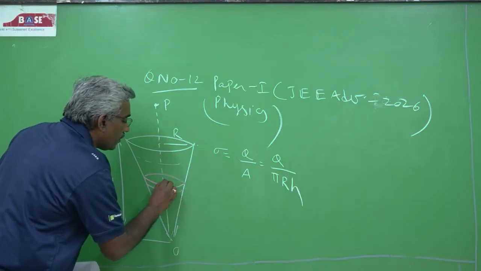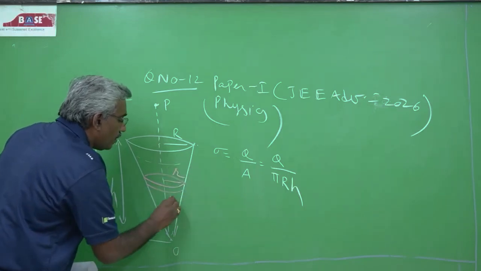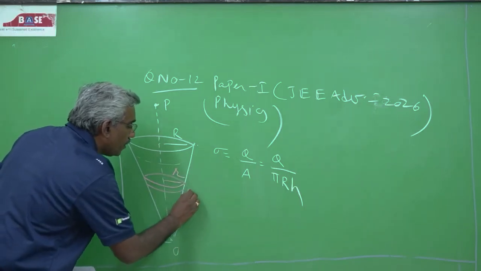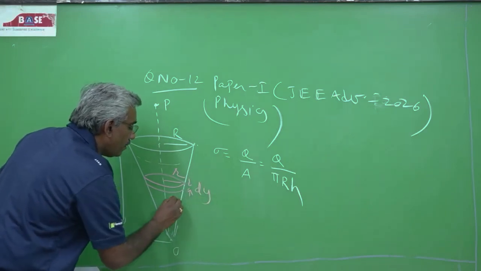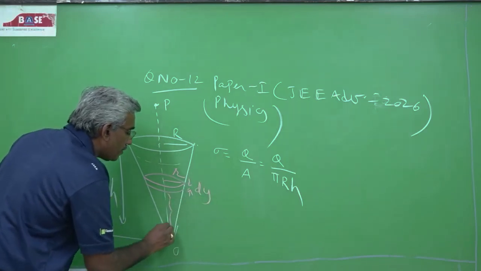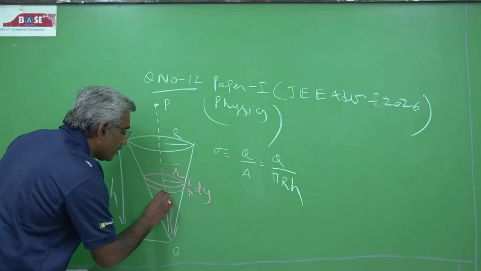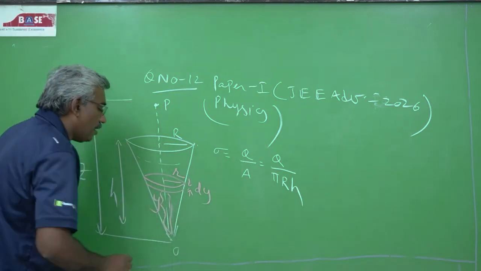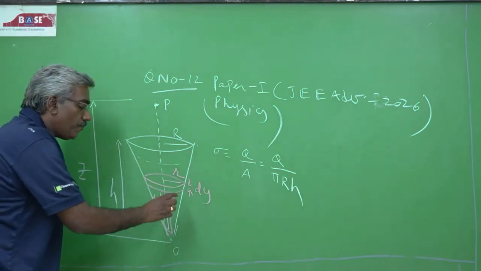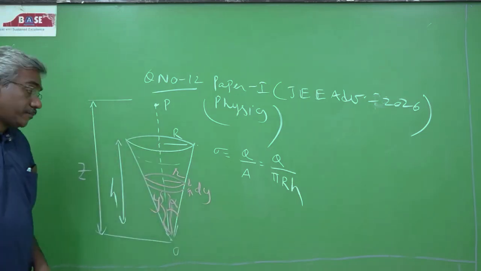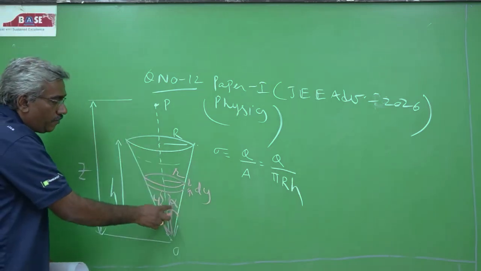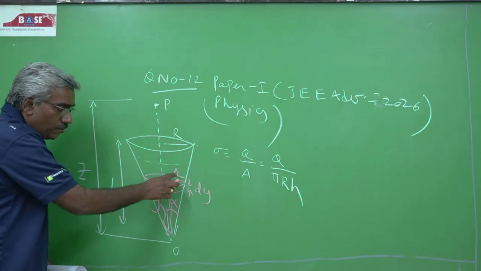Radius of this is small r. Assume it is having a thickness dy, and it is at a height y from the point O. I will consider this angle as alpha. Observe this one: tan alpha, R by h, is equal to small r by y.